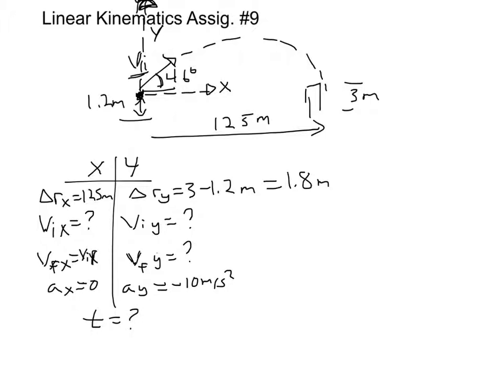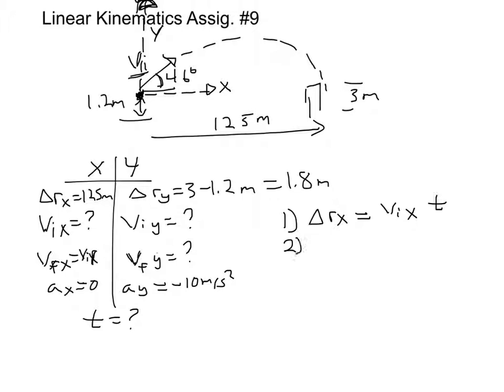A good place to start for solving the unknown initial velocity are the equations that describe the change in displacement. So the change in the horizontal displacement is equal to the initial velocity in the x direction times time. That's the first equation.